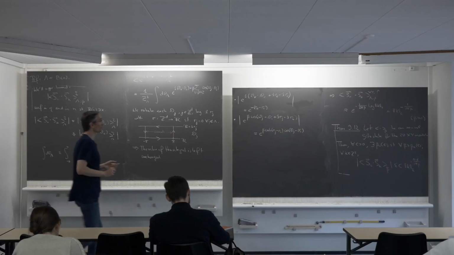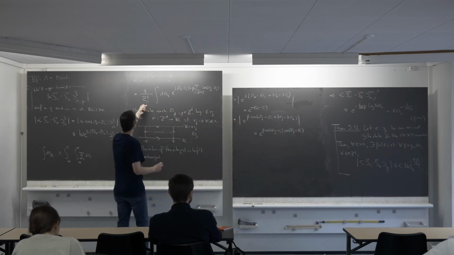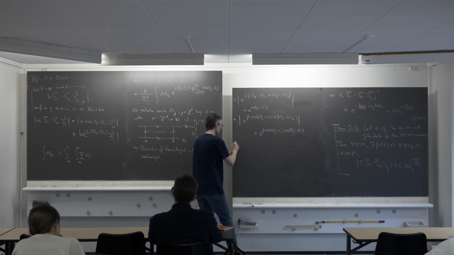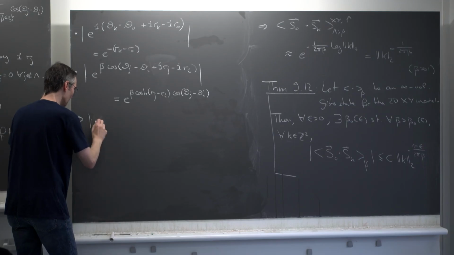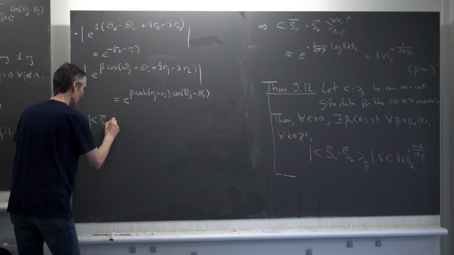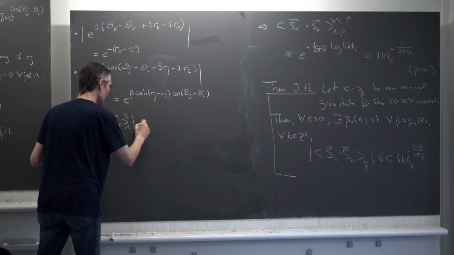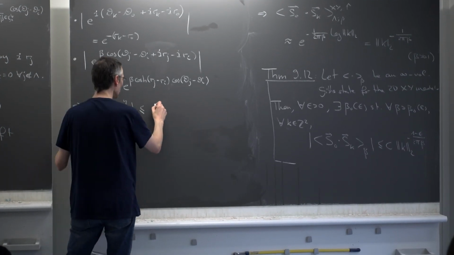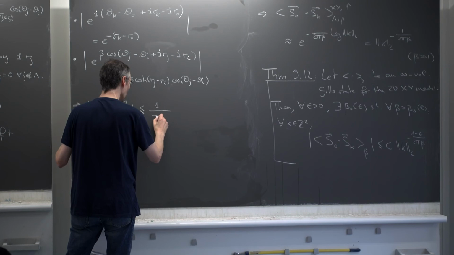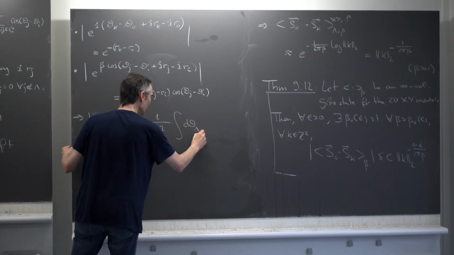Okay. So now I'm going to inject these two identities inside this expression. So if I do that, I get the following. What I wanted to compute, which was the expected value of S_0 times S_k in Λ, η, this is smaller, because I've taken the modulus inside, smaller than 1 over the partition function, this integral dθ_Λ.